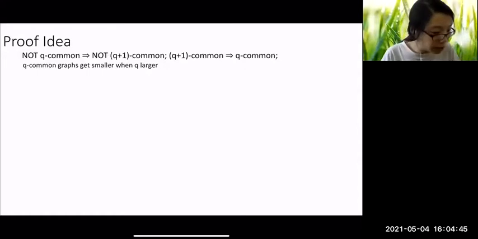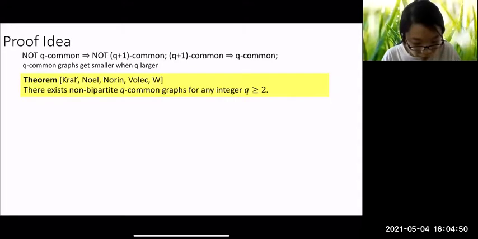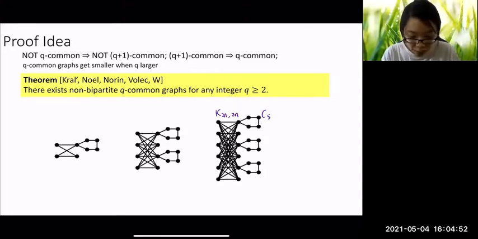Okay, so now let me talk about the proof idea. We basically prove that for certain graphs, for any Q, there is a family of graphs which are Q-common.